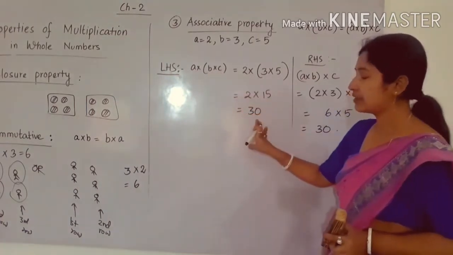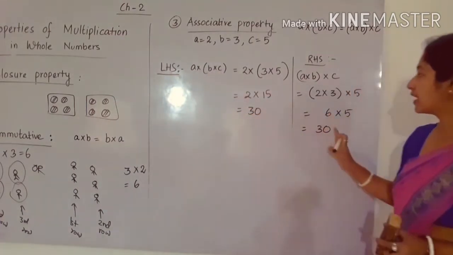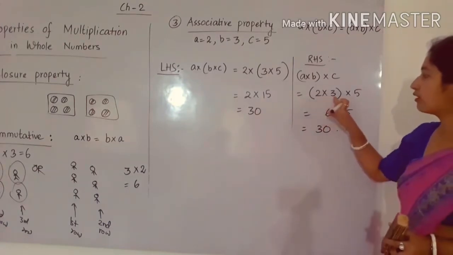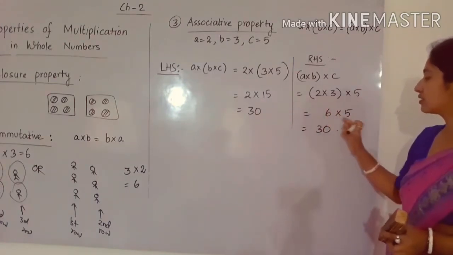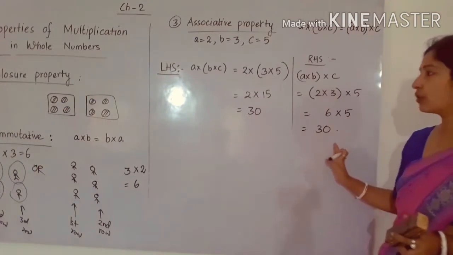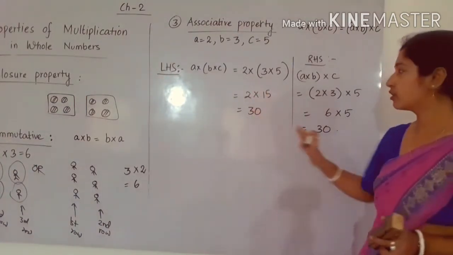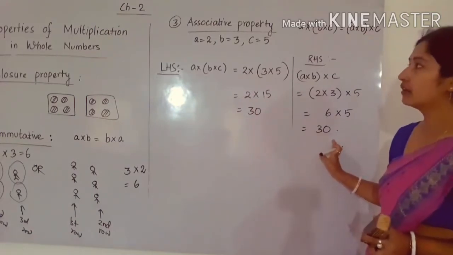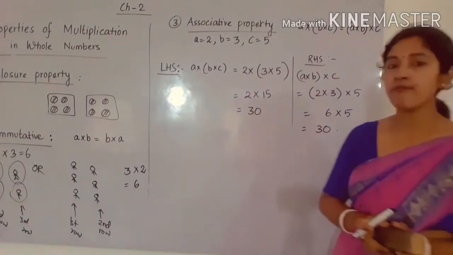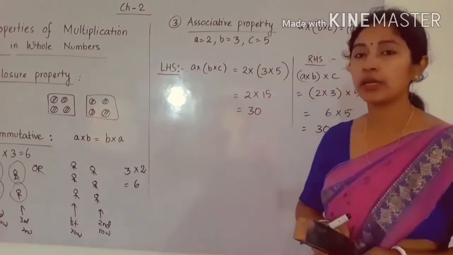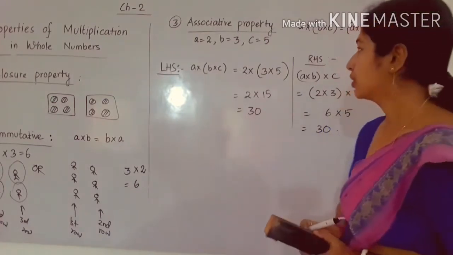So we are getting the answer as 30, and on the right hand side also we are solving the bracket first. So 2 into 3 will be 6, 6 into 5 will be 30. So what is the final conclusion? That the left hand side is equal to the right hand side. That means associative property holds true for multiplication in whole numbers.